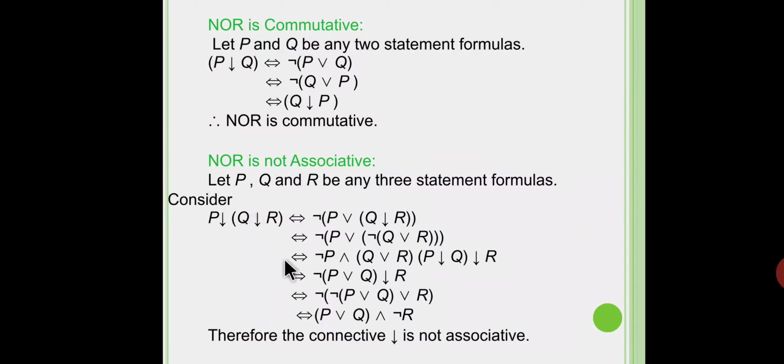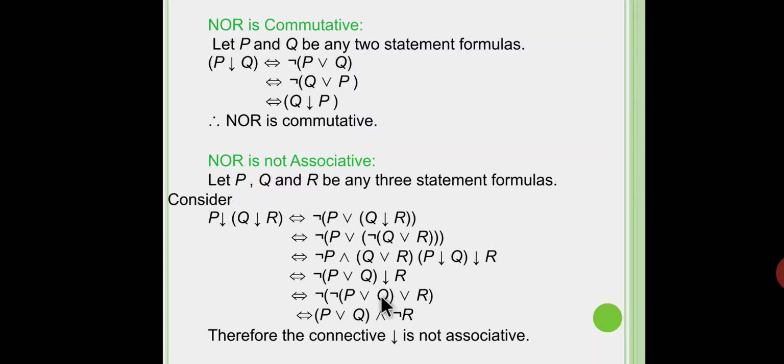Consider the LHS of the associative law, P NOR Q, NOR R. So we write the basic formula here, the negation of P or Q, NOR R. So in place of this we also write here negation of Q or R. So applying negation on P, disjunction will change into conjunction, negation P and Q or R. So we consider the RHS part of the associative law.